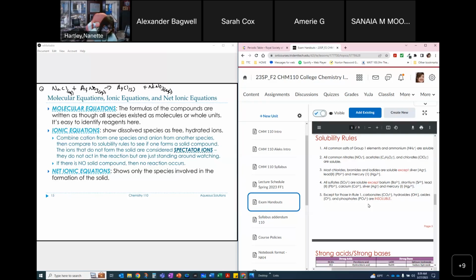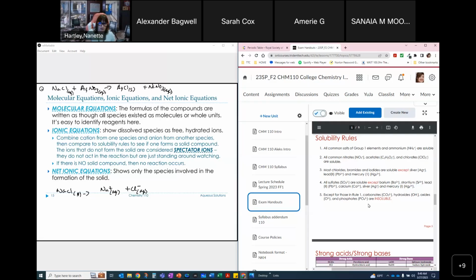So when NaCl goes into solution, this is what happens. We get that Na+ and that Cl-, both of which are aqueous. They're surrounded by the water, and so we have both of those ions existing separately. So it is possible for us to show the ionic equation, where we explicitly show all of the dissolved ions.